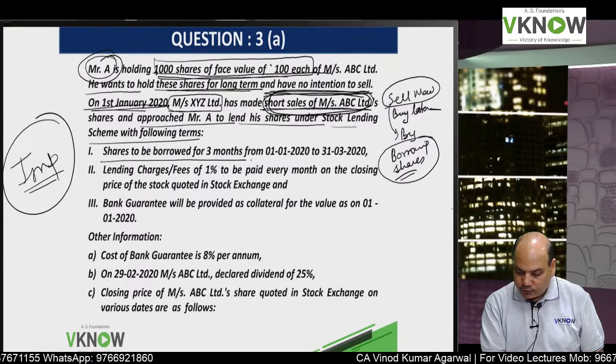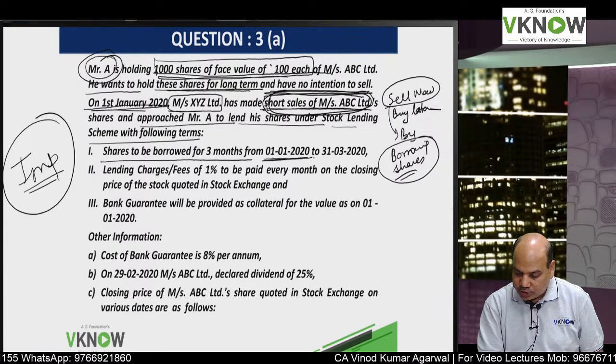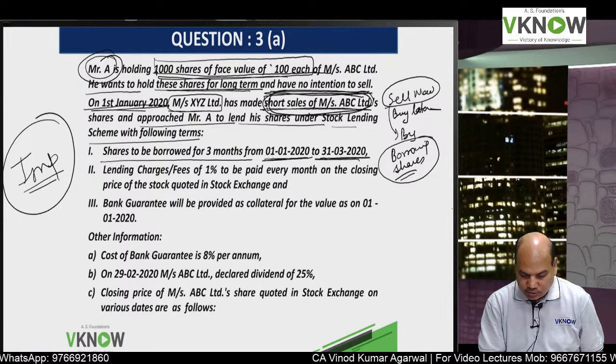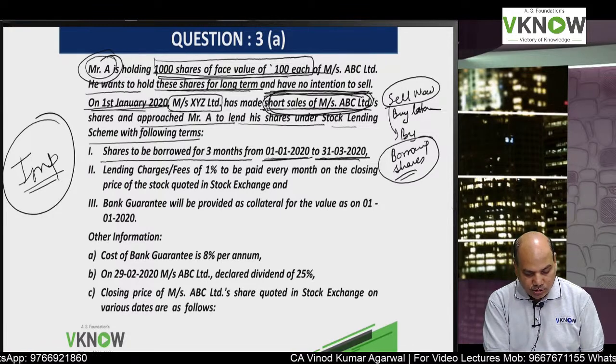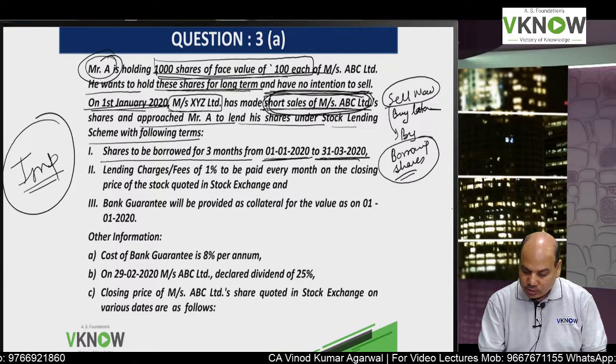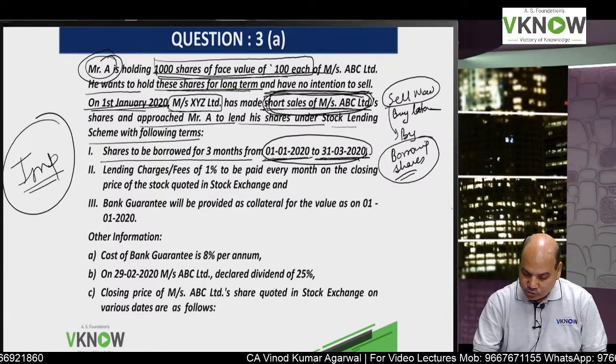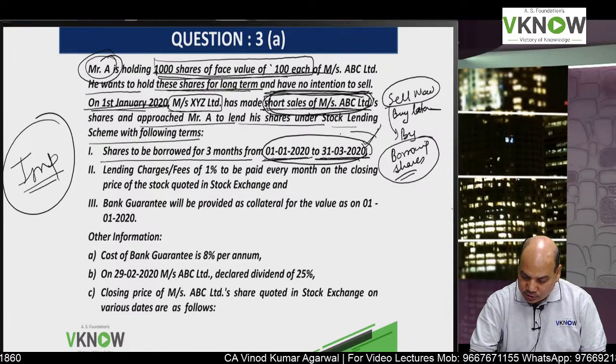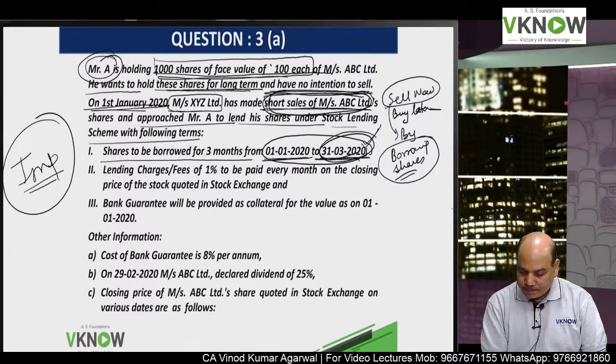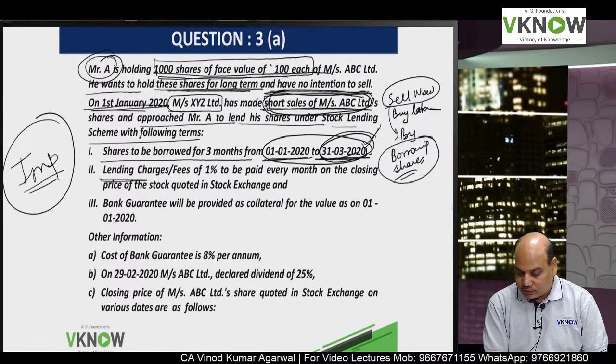Shares to be borrowed for 3 months from 1/1/2020 to 31st March 2020. So it's a 3 months period. So this transaction will be over on 31st March 2020. What about lending charges?